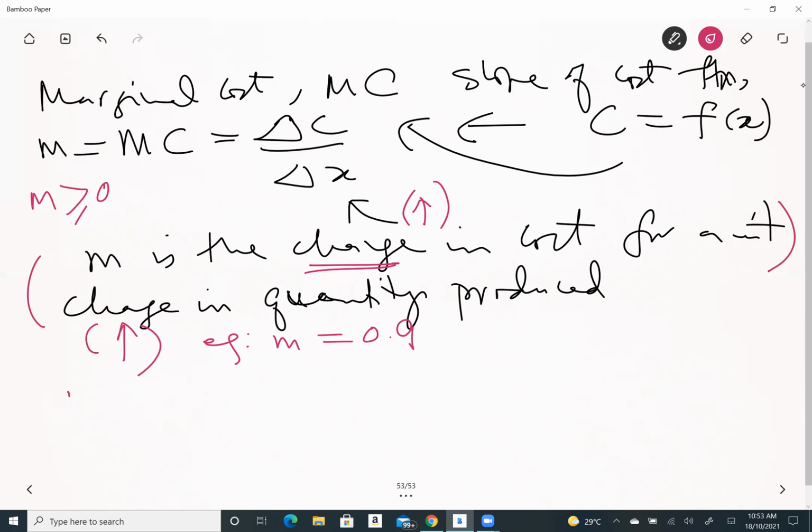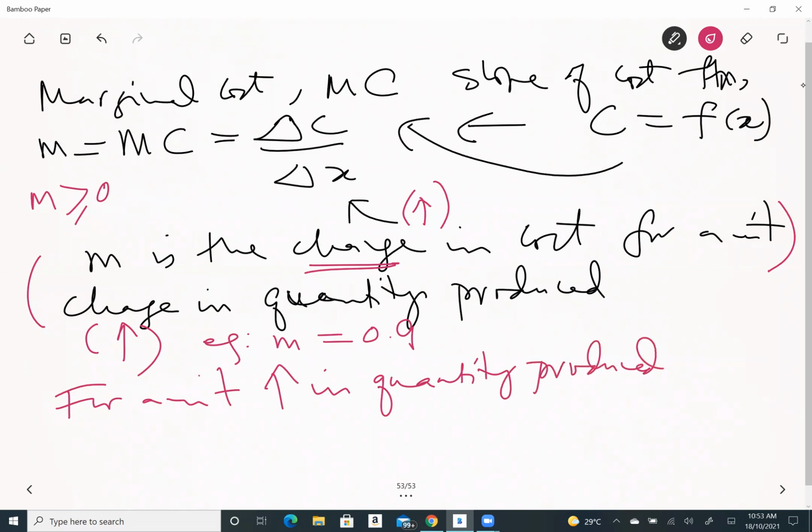That's the slope. So 0.9 is the increase in the cost for a unit increase in quantity produced. In other words, for a unit increase in quantity produced, I write down a picture. What about the cost? Cost will increase by how much?